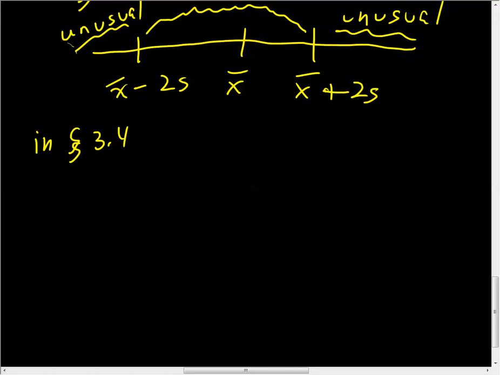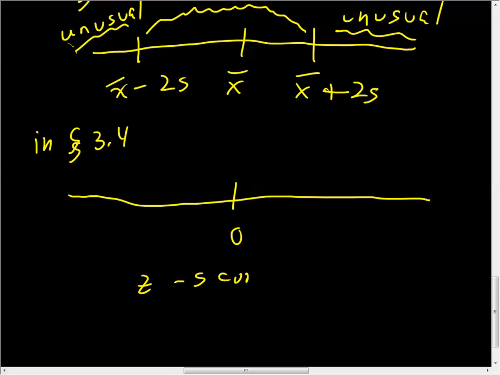In section 3.4, it's analogous, because your z-score is your number of standard deviations you are above or below the mean. In terms of z-score, x bar plus 2s is 2 standard deviations above the mean, thus has a z-score of 2. x bar minus 2s is 2 standard deviations below the mean, thus has a z-score of negative 2.